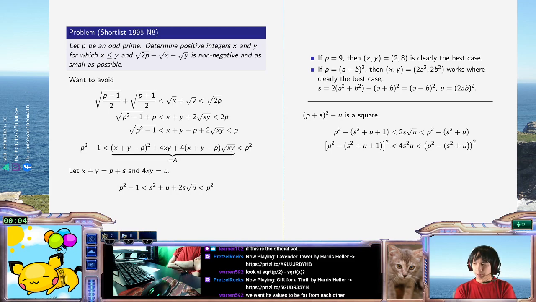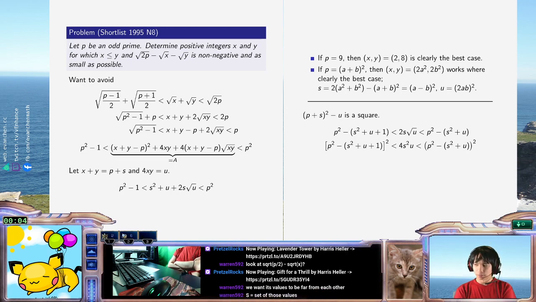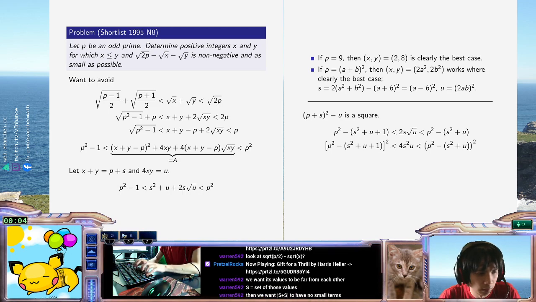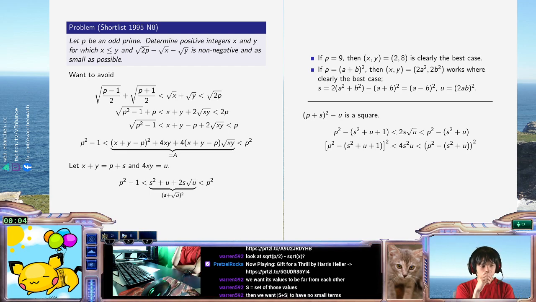This looks so much like Pythagorean triples stuff, though. I gotta say. I mean, yes, that's equivalent to the problem, but I just don't see the advantage of phrasing it this way.